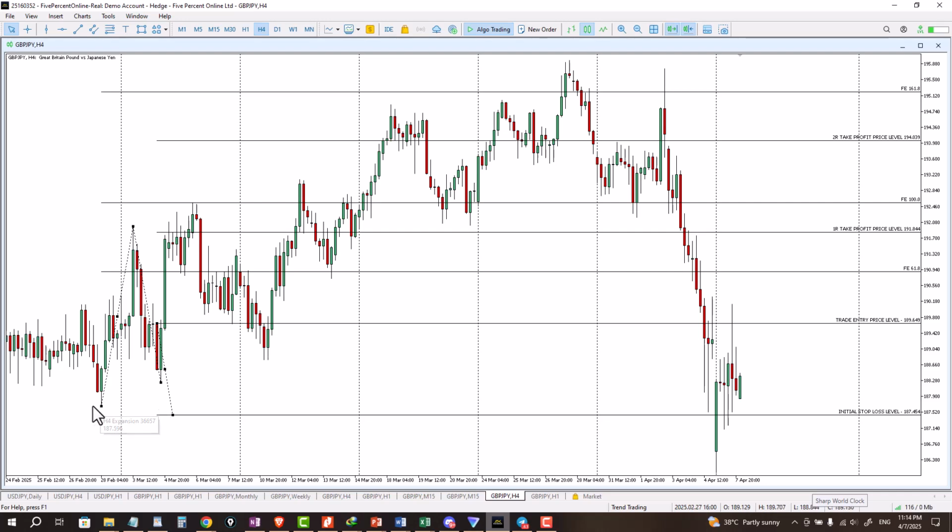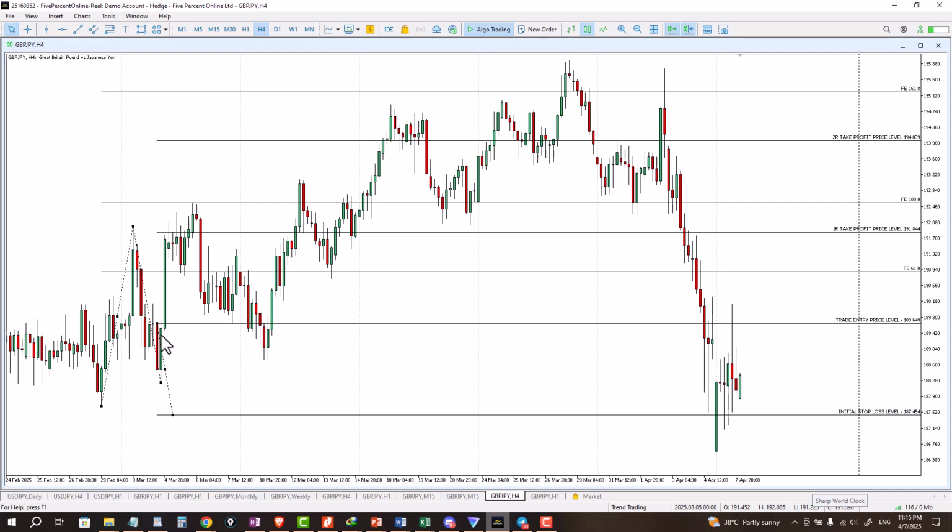And why is it placed below here? Because remember, this is our low. This move started here. This is our high where this move ended, and so this is our impulse wave. And so when price made this pullback and it formed this bullish engulfing candlestick, the idea is that if price is truly in an uptrend, then it has no reason whatsoever to come and break below this low.